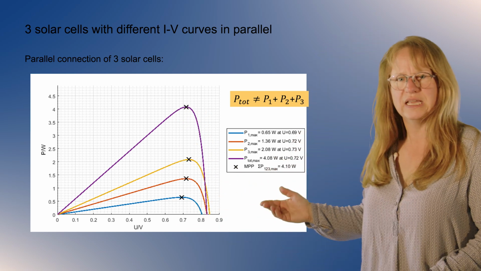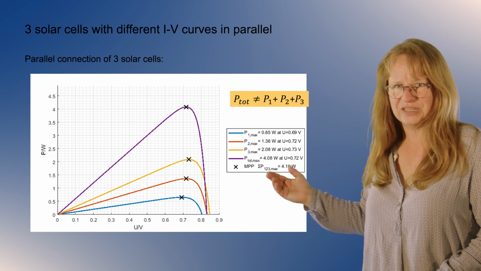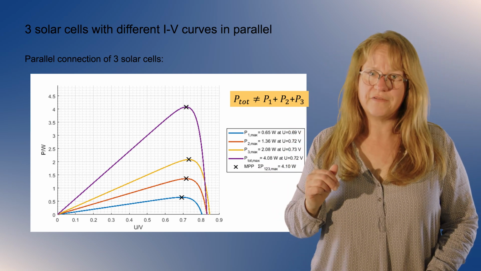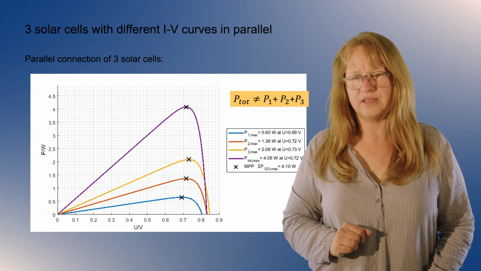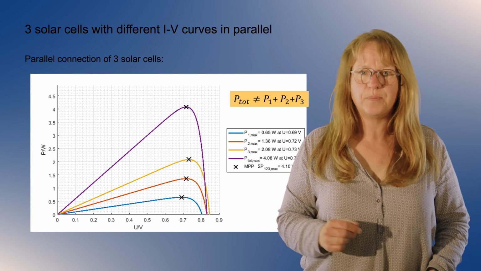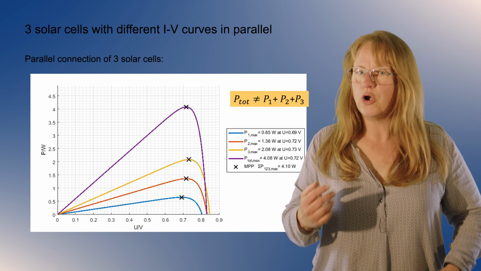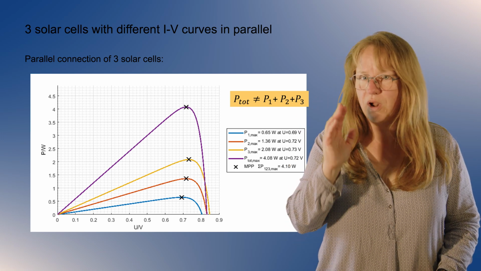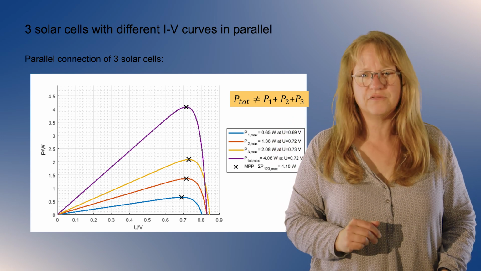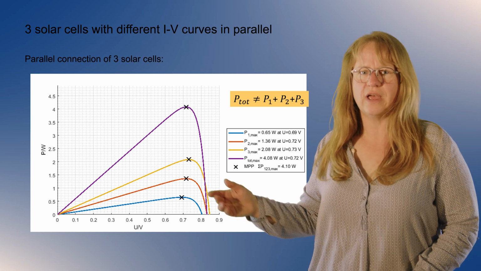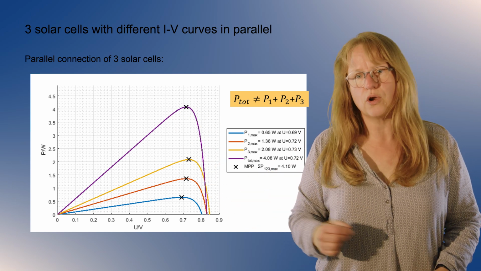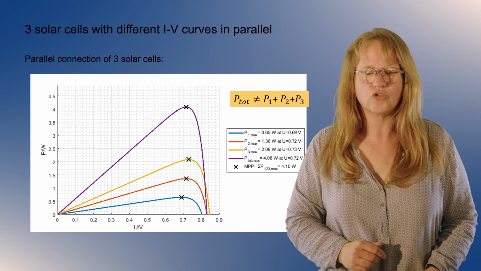But you can also see it's just a little bit less. It's quite a little loss that you have due to not running all 3 cells in the maximum power point here in this parallel connection. And the parallel connection, of course, is advantageous to not have to have all the electronics for each of the individual solar cells, but to have joint electronics then for this module going onwards into the electricity grid.